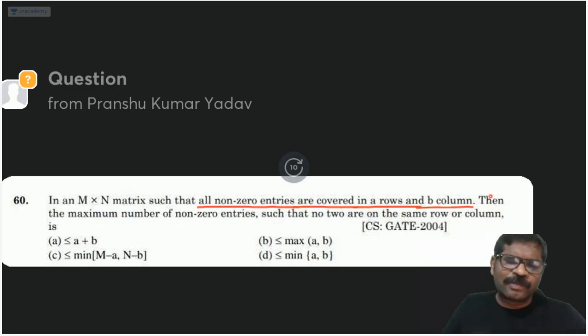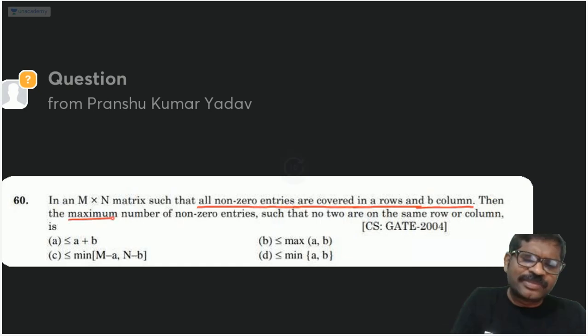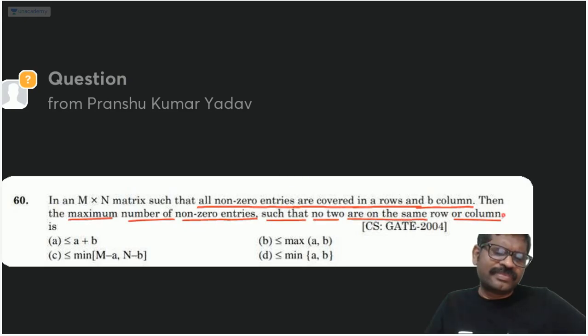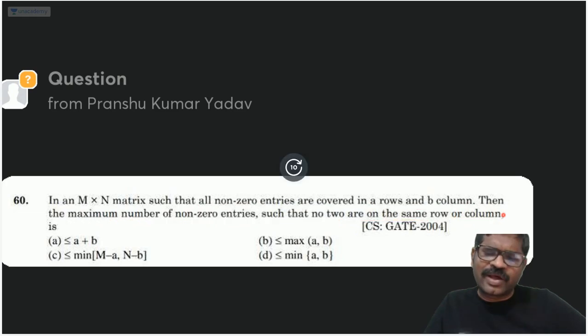So number of rows are A. All non-zero entries are covered in A rows and B columns. Then the maximum number of non-zero entries such that no two share a row or column.